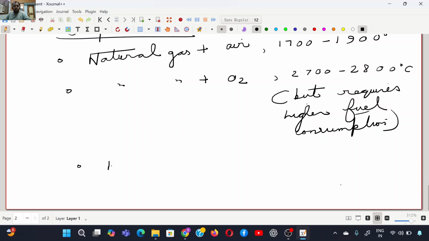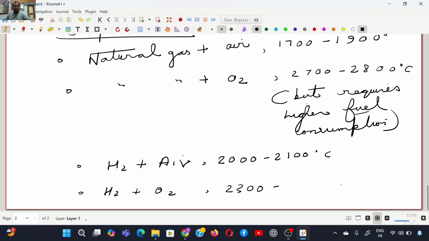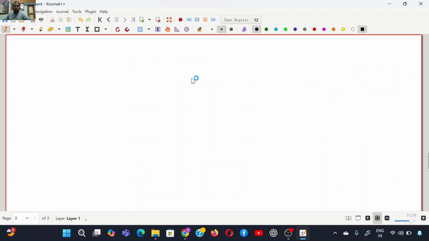Then you can have hydrogen plus air. With this you can achieve 2000 to 2100 degrees Celsius. You can have hydrogen plus oxygen. So obviously a little bit more, 2300 to 2500 degrees Celsius. You can have air plus acetylene.